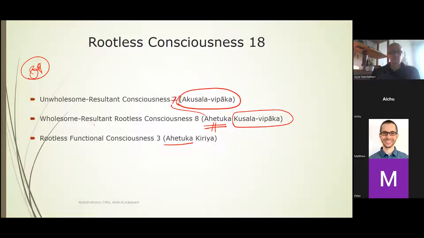But wholesome resultant consciousness is not only these 8, but also the other 8, 5, 5, 4, like that. You will see later. So that's why we need to differentiate. To differentiate from these other kinds of wholesome resultant consciousness, this ahetuka needs to be put here. I will tell you when we talk about the other resultant consciousness, then it will be clearer.